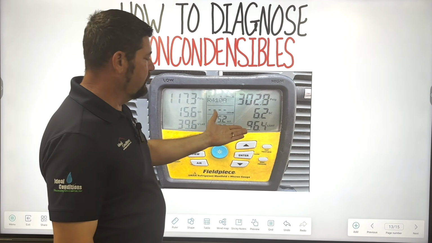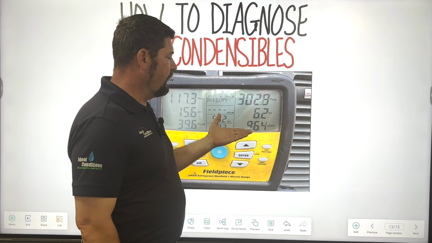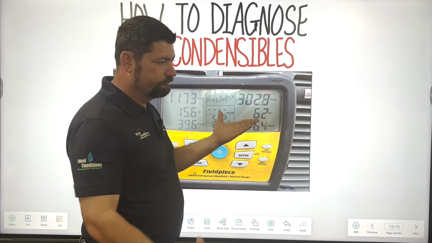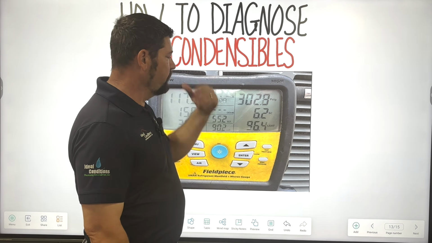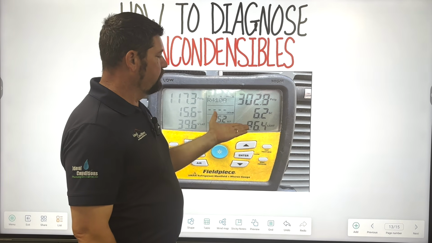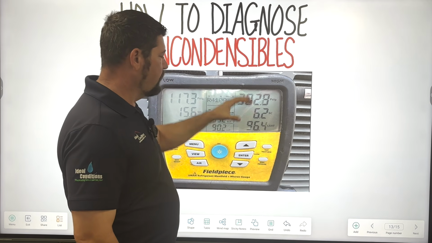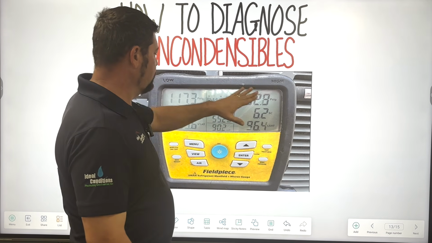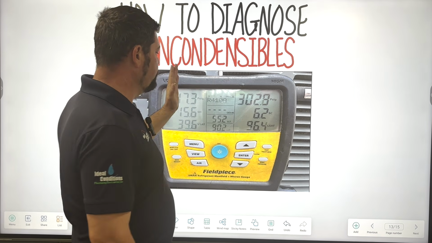If my condenser is above 85 degrees on my discharge temperature, of course I'm going to be in the high 2s, 3s, mid 3s right in there. And that just tells me, hey, okay, everything in this looks fine. That pumping ratio looks good.